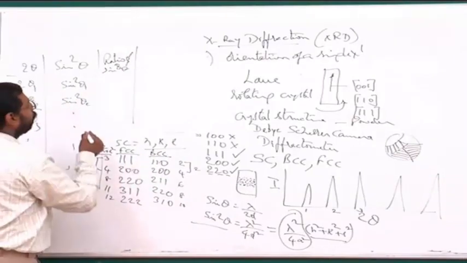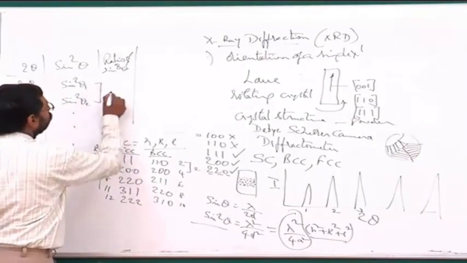So you take the 2 to 1, and you find out the ratio.